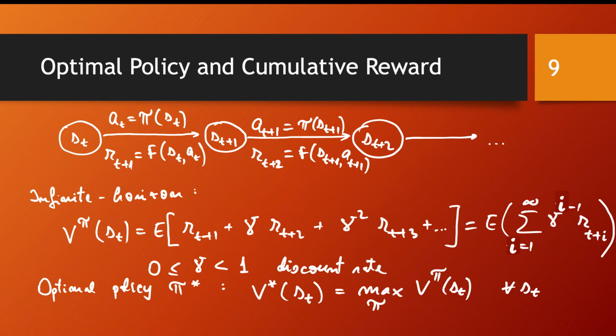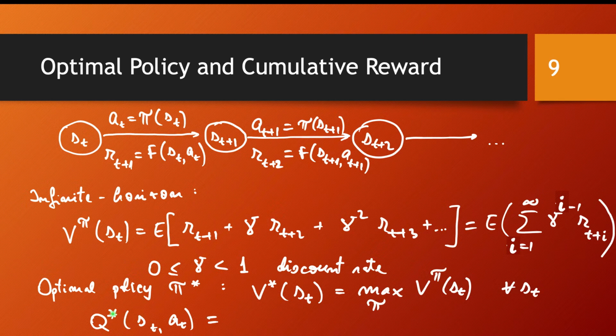It's also useful to define one more concept, and that is I'm going to denote it by Q star of state ST and action AT. And this is supposed to denote the cumulative reward we get if we are in state ST, and in this state ST we are going to take action AT, and then later on we are going to follow the optimal policy pi star.